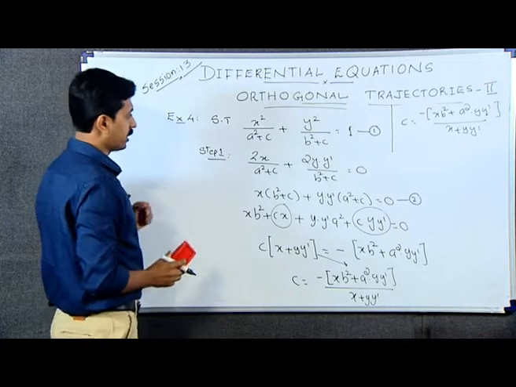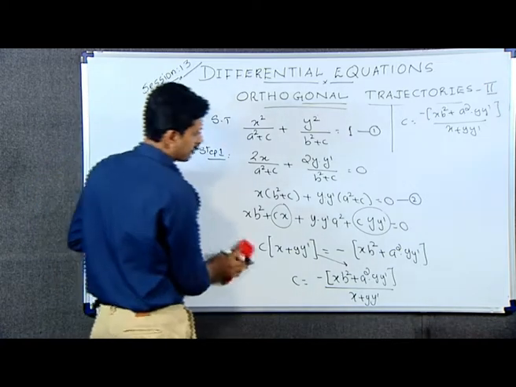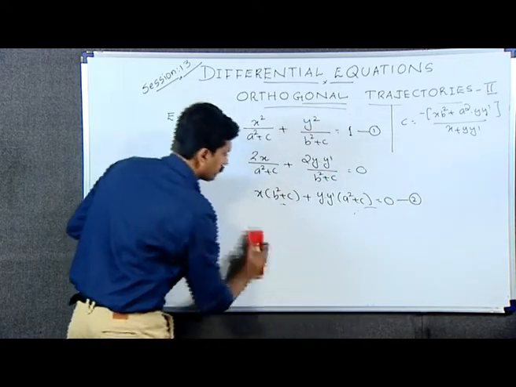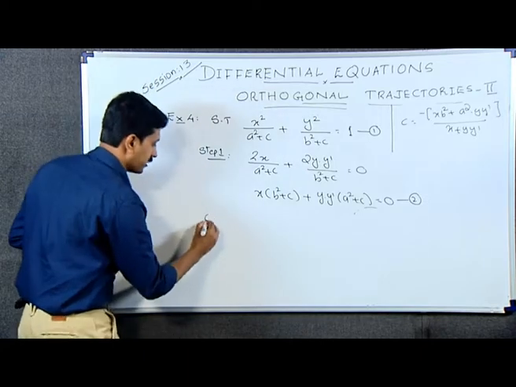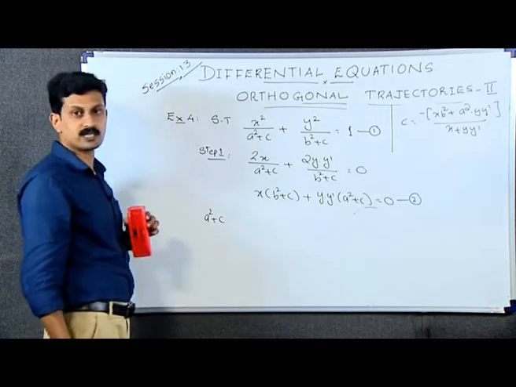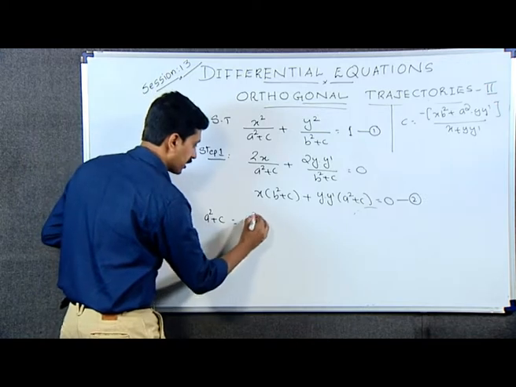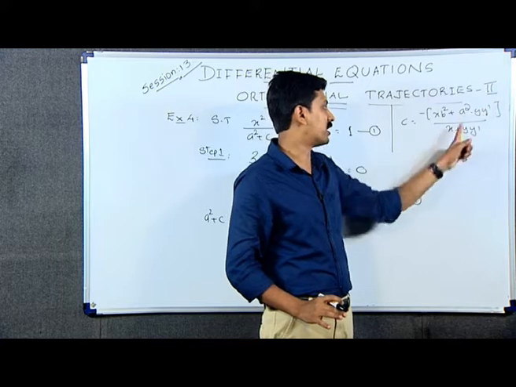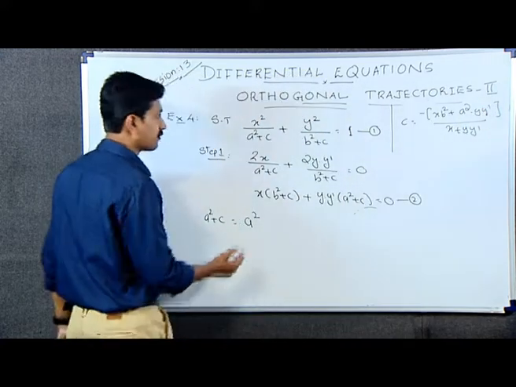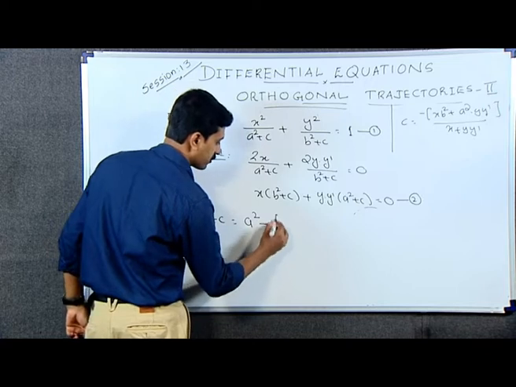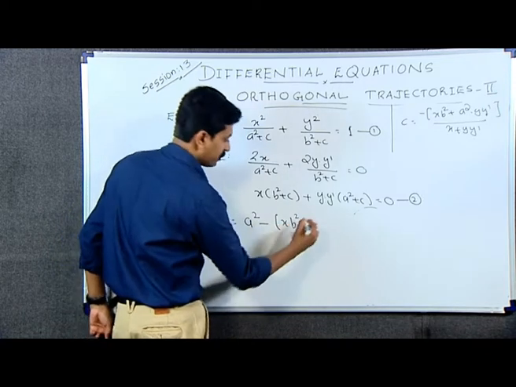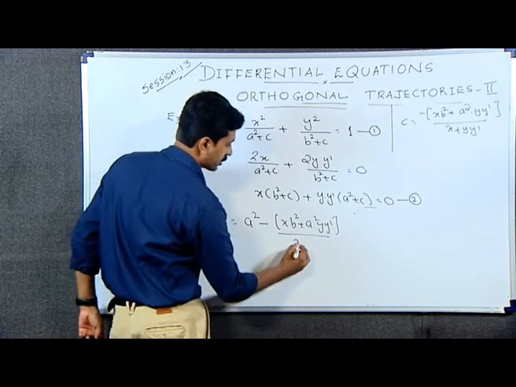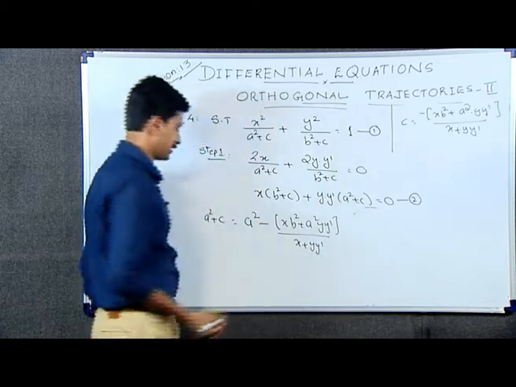So from there we can find the value of a square plus c, which is a square plus c, as c is equal to minus of x b square plus a square y y dash divided by x plus y y dash. Therefore, a square minus x b square plus a square y y dash divided by x plus y y dash.